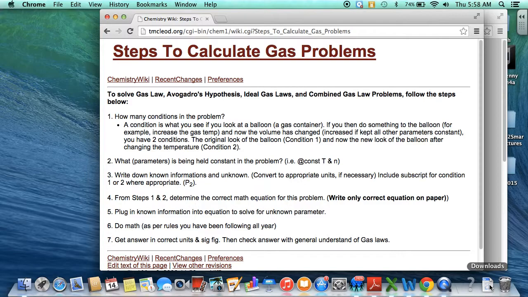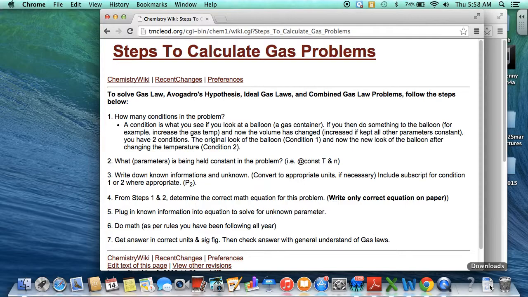Now, Charles's law is a two condition problem, and when you have two condition problems, you ask yourself another question: I have four variables, so how many variables or parameters am I holding constant?